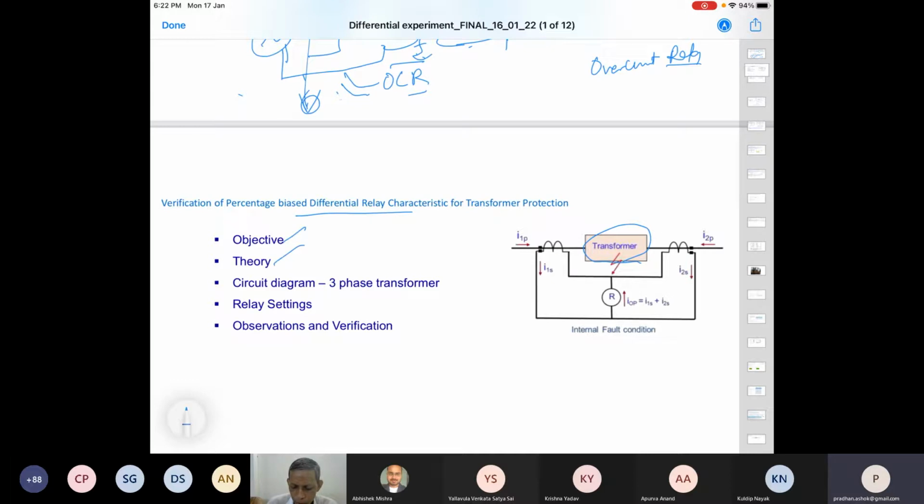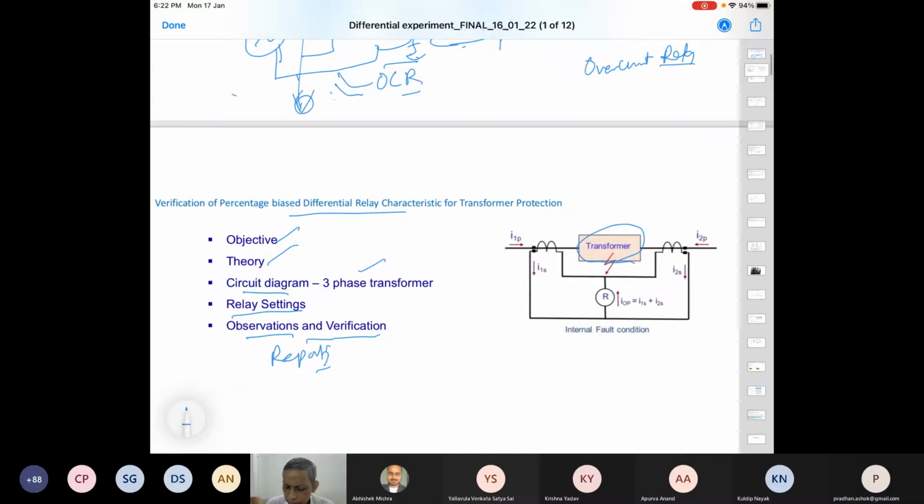We'll see the theory and background, and then we have a three-phase transformer in the experiment. We'll see how to set the relay, like in the overcurrent relay talk, then take observations, verifications, and then your reporting items. This is the agenda of today's business.